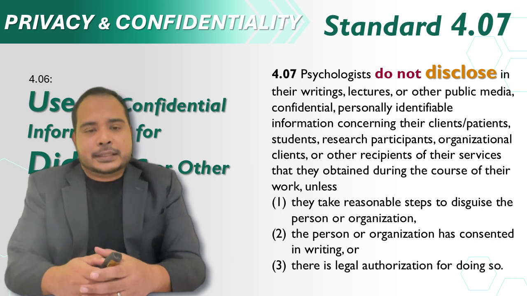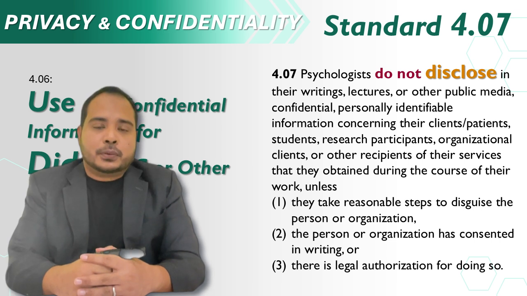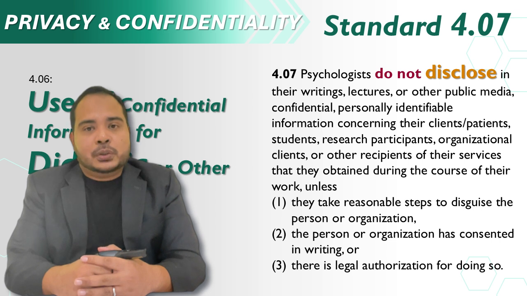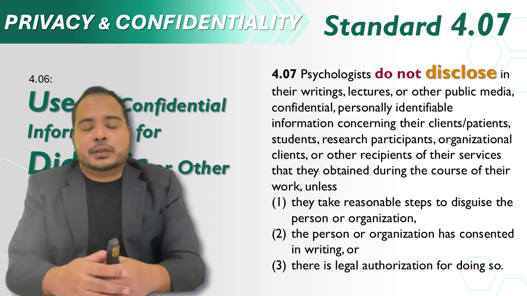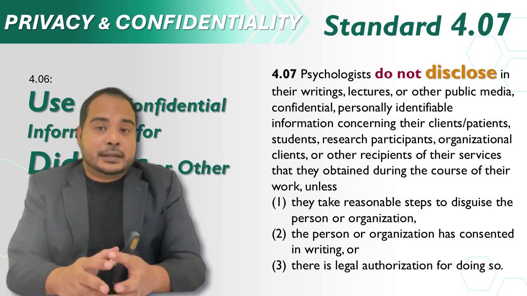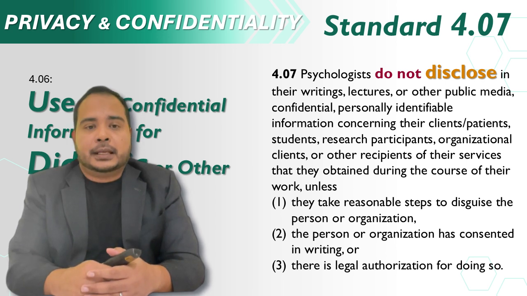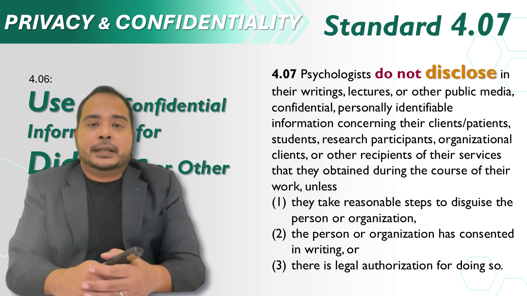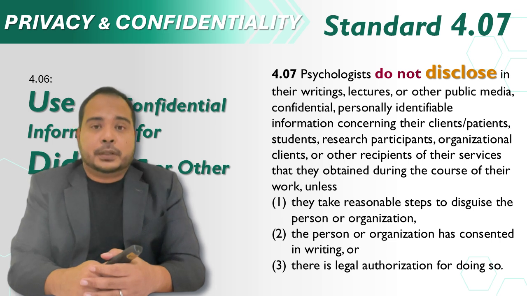Second, when we would like to disclose confidential information, acceptable disclosure can only be done under specific conditions. Disclosure is only permissible when the following criteria are met. Number one is disguising identity, meaning that we must take appropriate, reasonable steps to prevent identification of the owner of the information, which could be a person or an organization.